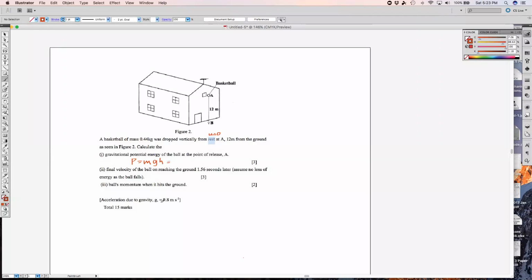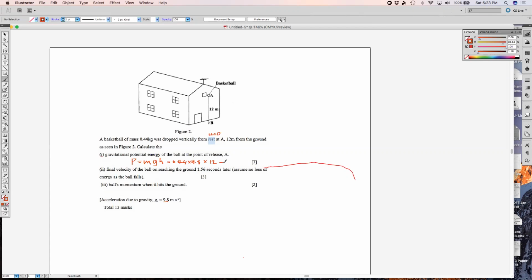Now, in this question, they're actually telling us that g is 9.8, which is the true value of g. So we're going m 0.44 multiplied by g, which is 9.8, multiplied by the height, which is 12. mgh. So we get our value there.